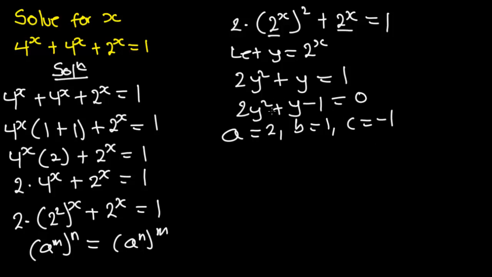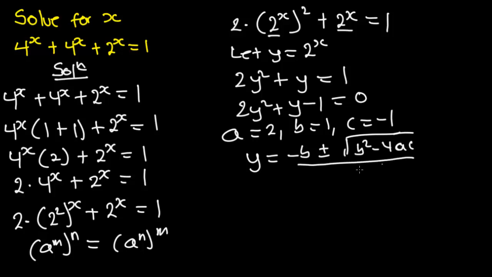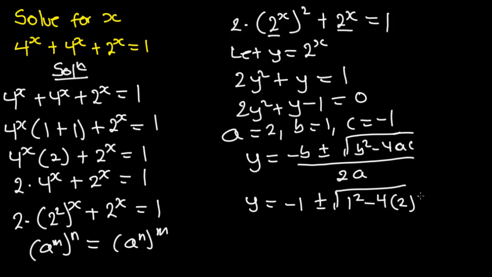Now we are going to find the values of y using the quadratic formula. The quadratic formula is given by y is equal to negative b plus or minus the square root of b squared minus 4ac, all over 2a. So y is equal to negative b, and b is 1, so negative 1 plus or minus the square root of 1 squared minus 4 times a, which is 2, multiplying c, which is negative 1, all over 2 times a, and a is 2.